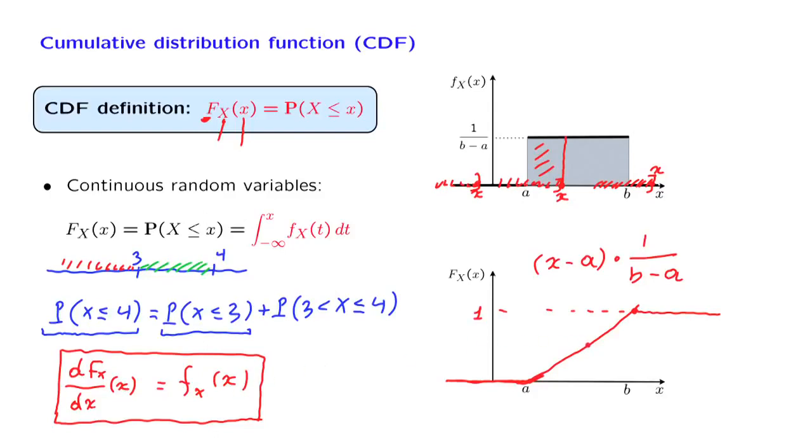For instance, in this diagram, at this point the CDF is differentiable. The derivative is equal to the slope, which is this quantity, and this quantity happens to be exactly the same as the value of the PDF. So indeed here we see that the PDF can be found by taking the derivative of the CDF.